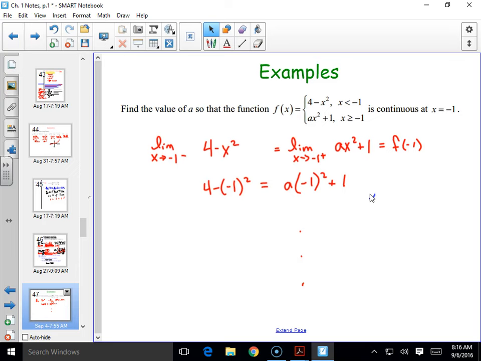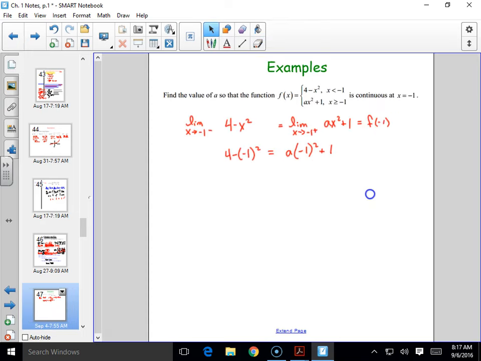My question at the very end of Thursday, around when the bell was going to ring, was: oh my goodness, how on earth do we solve this? Oh wait, the only unknown is a. So all we have to do is a little bit of algebra, right? 4 minus 1 equals a plus 1. You guys should be in your notes. This was the last example that we had in our notes. Technically, over the weekend, you were supposed to copy down the next 2 pages.